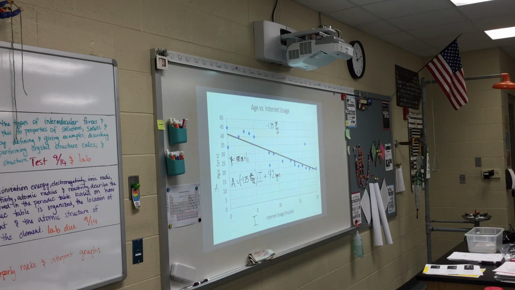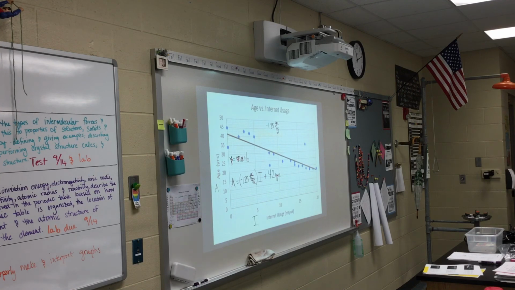So he's probably going to be at 0, but he's going to be way up at the top. However, my children have a restricted amount of time they can use their internet. So even though their age is lower, they're still going to be over here in the lower numbers for internet usage. So there's a lot of variation in that.